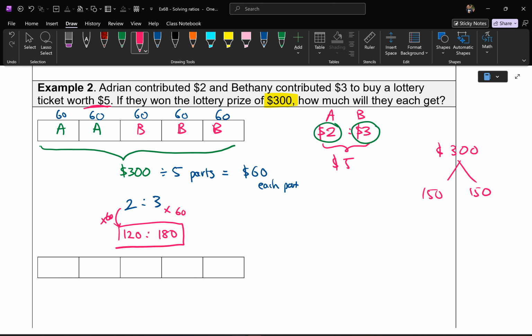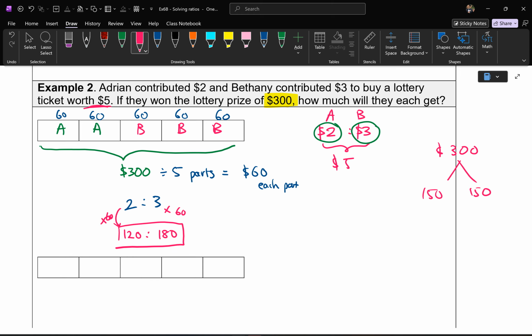If you add these two together, they should add up to $300, but I can now tell that Adrian gets 120 and Bethany should get 180, not 150, 150. This is probably what I've seen most students do in a logical sense. They find the number of parts and they divide the total prize by the number of parts to figure out how much each part is worth.